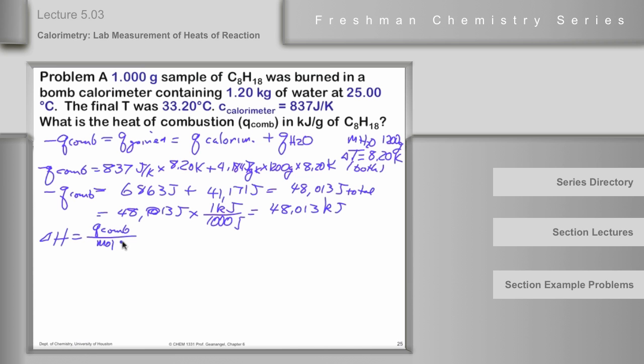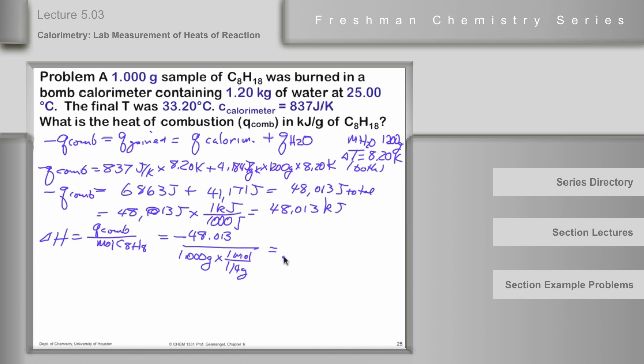It's 1 gram times 1 mole over 114 grams. When I did that, I ended up with minus 5.48 times 10 to the third kilojoules per mole.